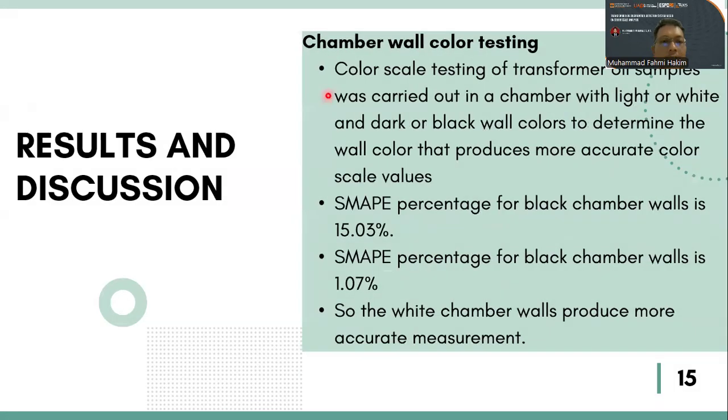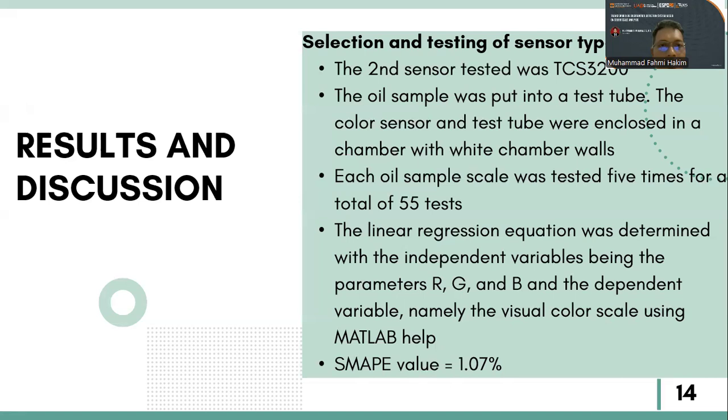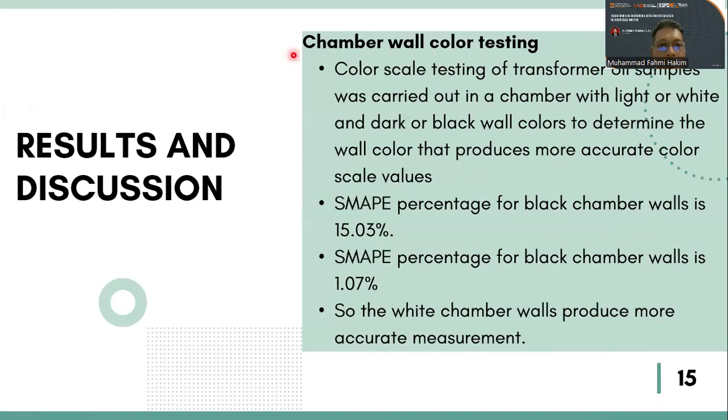And then after selection and testing of sensor types, we go to the chamber wall color testing. Color testing of transformer oil samples was carried out in a chamber with light or white and dark or black wall colors to determine the wall color that produces more accurate color scale values.